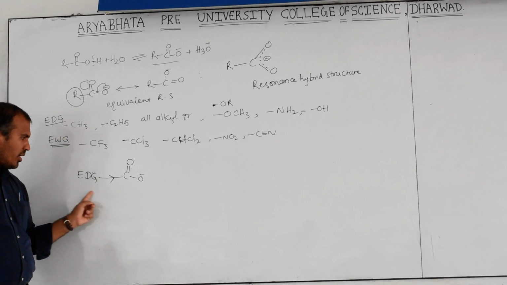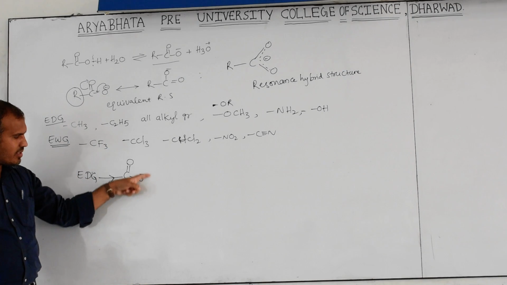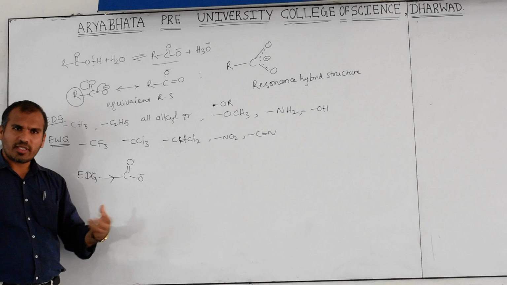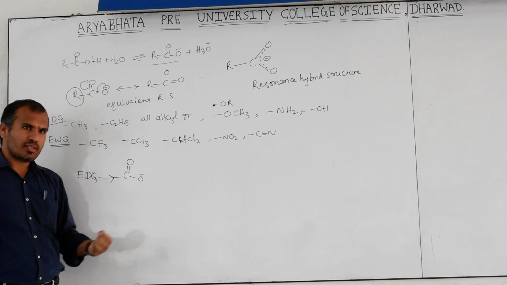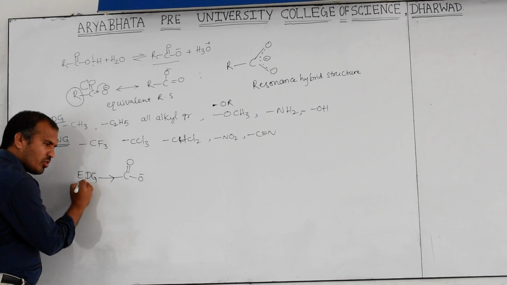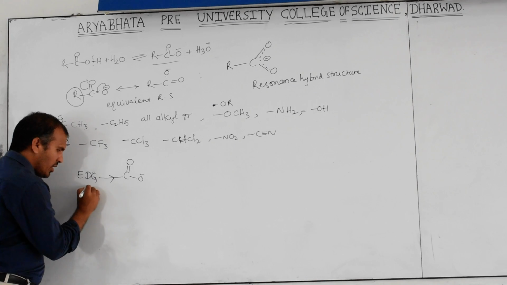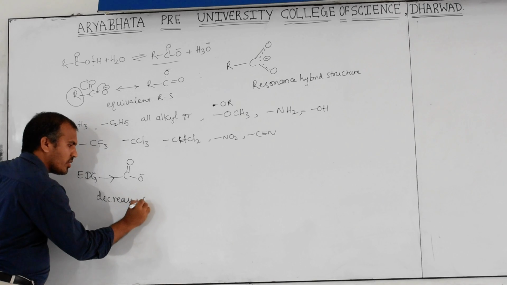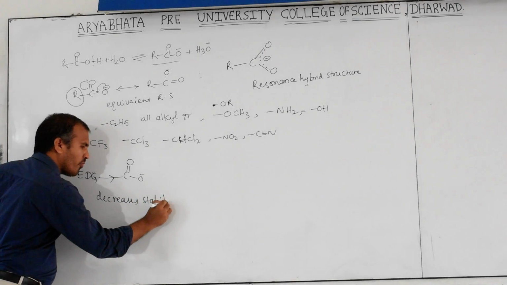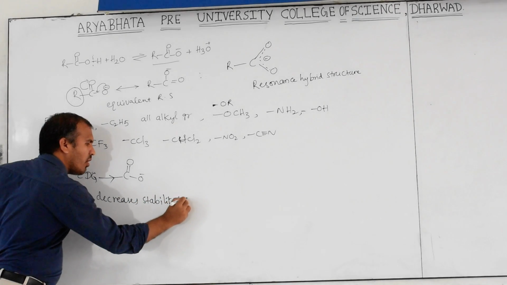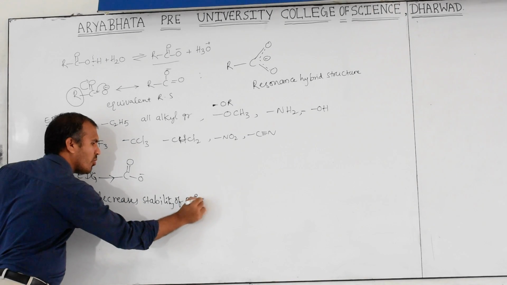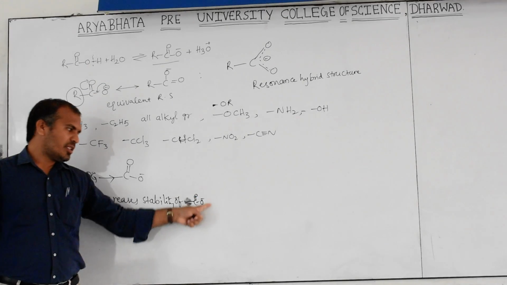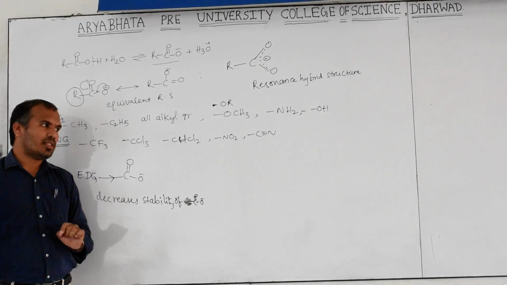So an electron donor group destabilizes this carboxylate ion because the negative charge increases and stability decreases. Therefore, an electron donor group decreases the stability of RC double bond O minus.